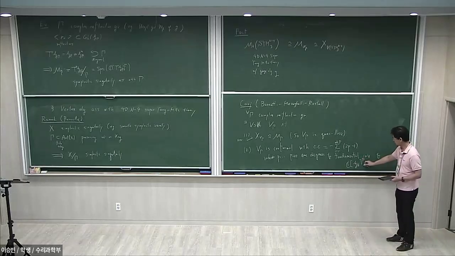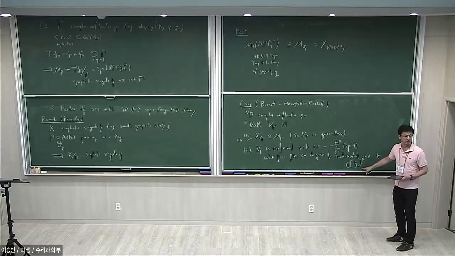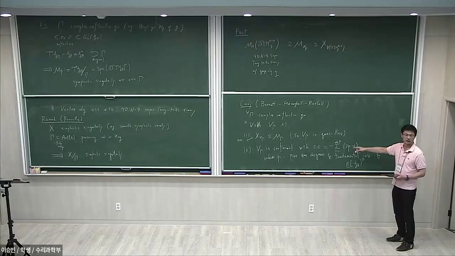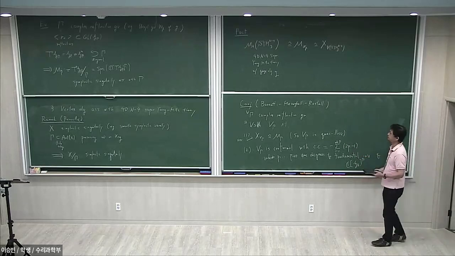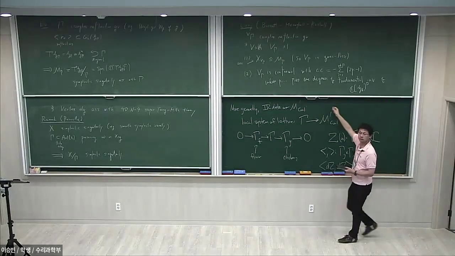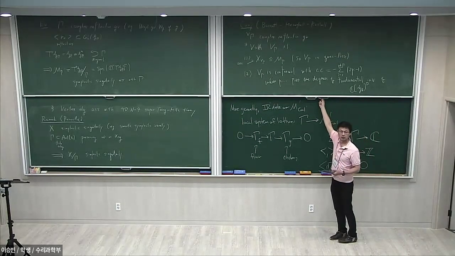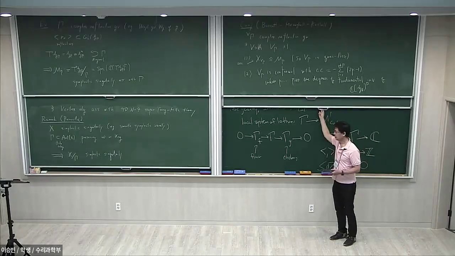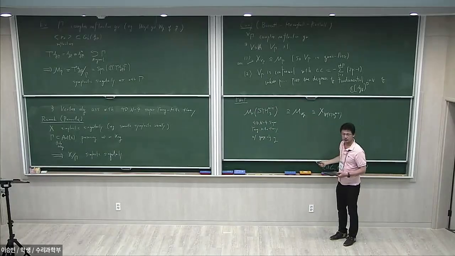This ring is known to be a polynomial ring, so it's generated by rank Gamma homogeneous generators, and the degree of each homogeneous generator is denoted by p. Is it unique? It should be unique, yes.